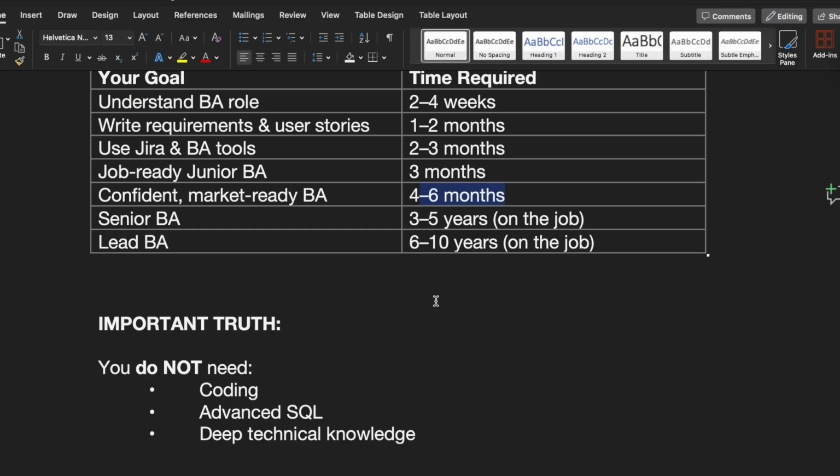We write BRDs in Word. No, you're asking how we write a BRD in production? Is that your question?